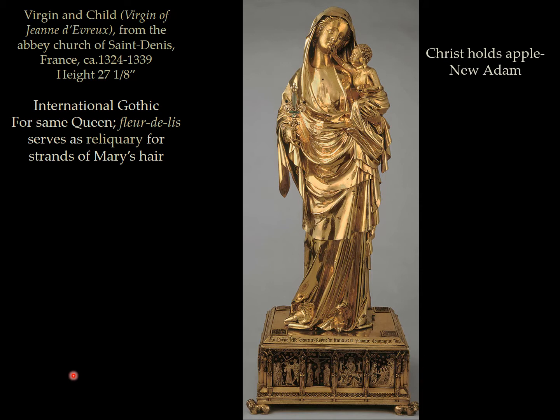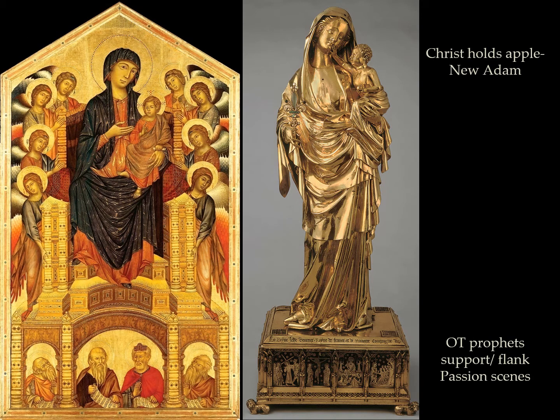This is the type of typology that we find that is very common in the Christian tradition, including that of the Old Testament prophets below that are going to be flanking scenes from the Passion itself. Thus we have a type of paralleling here of the Old Testament that foretells the New Testament. And very common that you've already seen with Cimabue's Madonna and Child Enthroned with Prophets and Angels. All right, so at the same time, we have the prophets, right, foretelling and supporting the Virgin Mary in the coming of Christ.